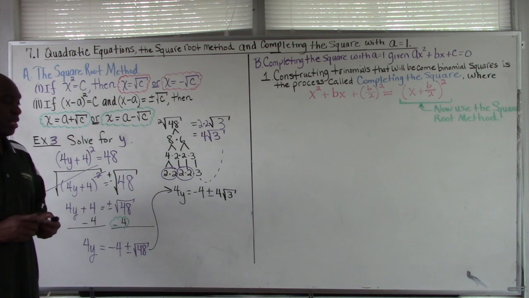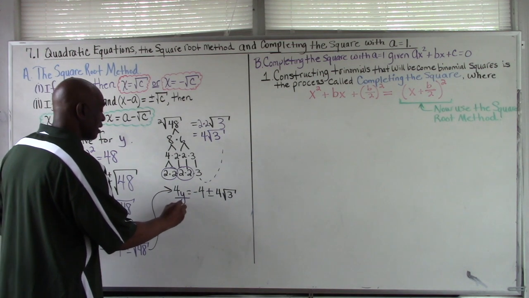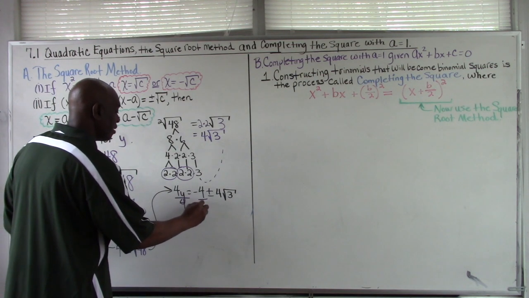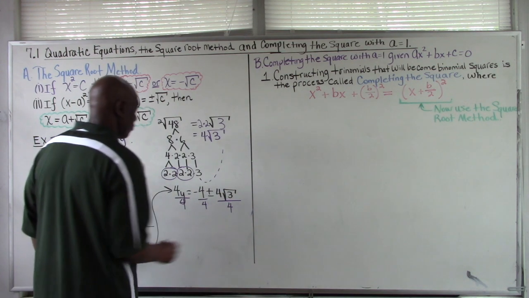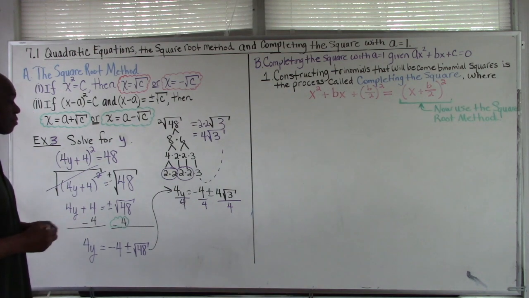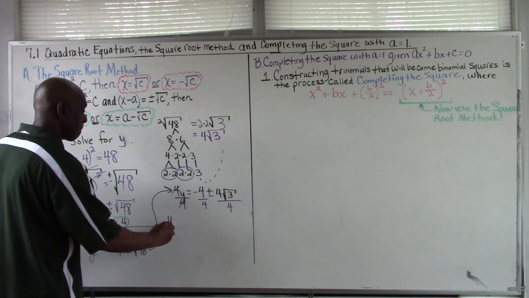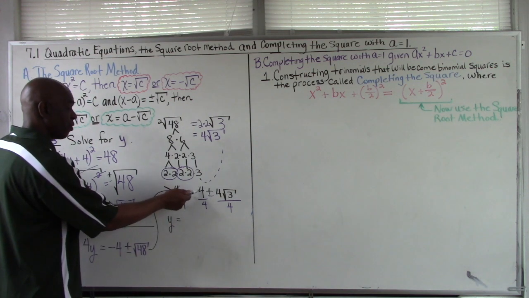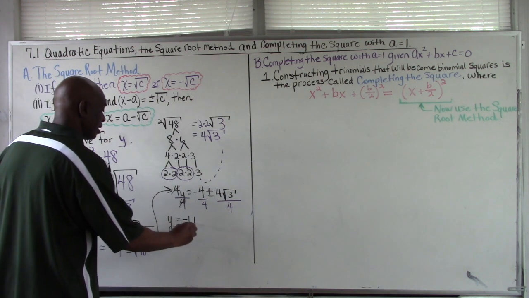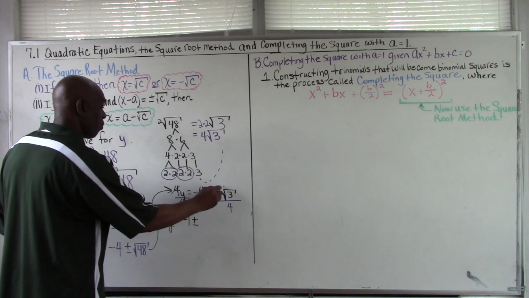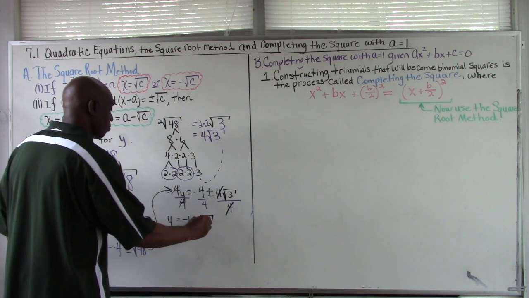Now go ahead and divide everything by 4. Divide the left side by 4, divide negative 4 by 4, and divide 4 radical 3 by 4. The 4 here cancels out, goes to 1, so I have y equals negative 4 divided by positive 4, which is negative 1, plus or minus, and these 4's cancel out, radical 3.